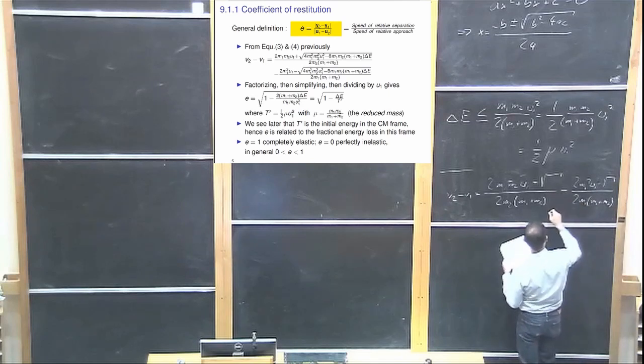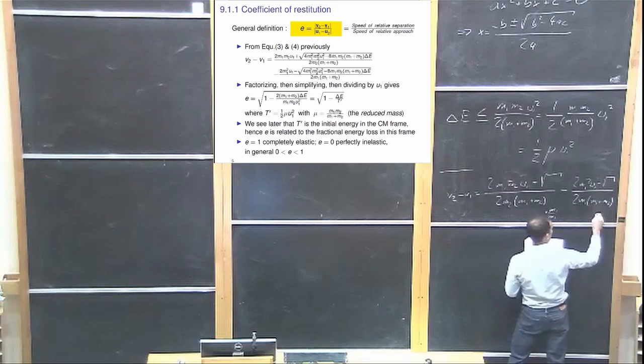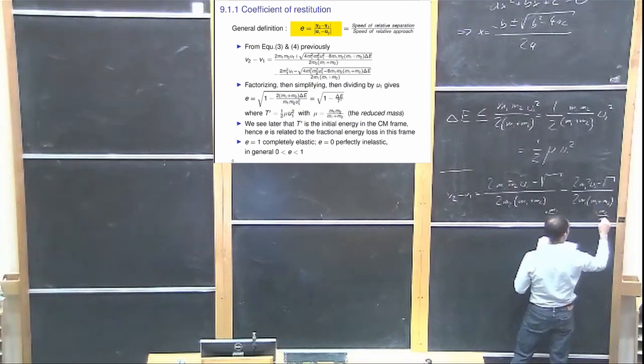So this term you multiply with M1 over M1, and this term you multiply with M2 over M2.